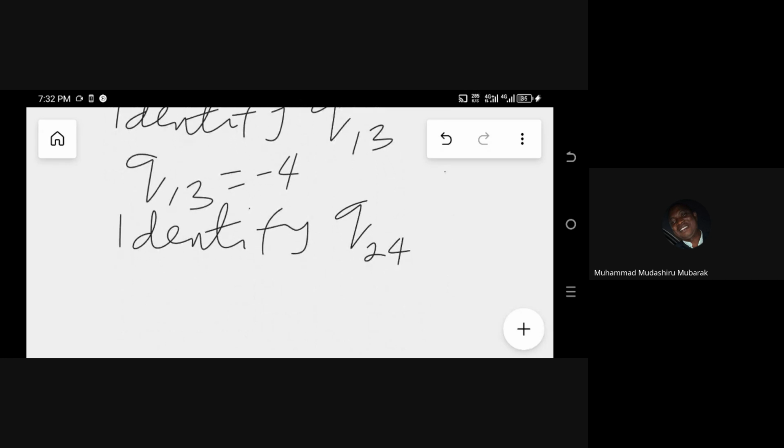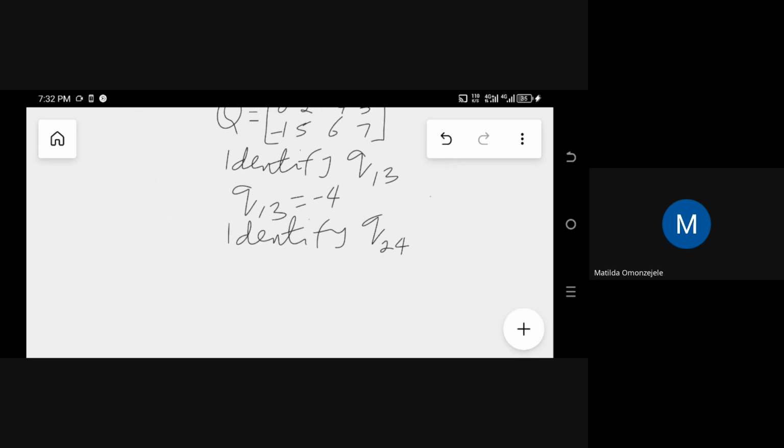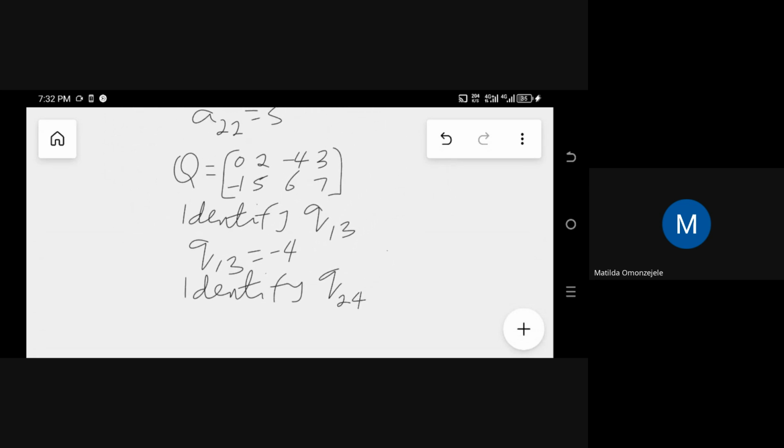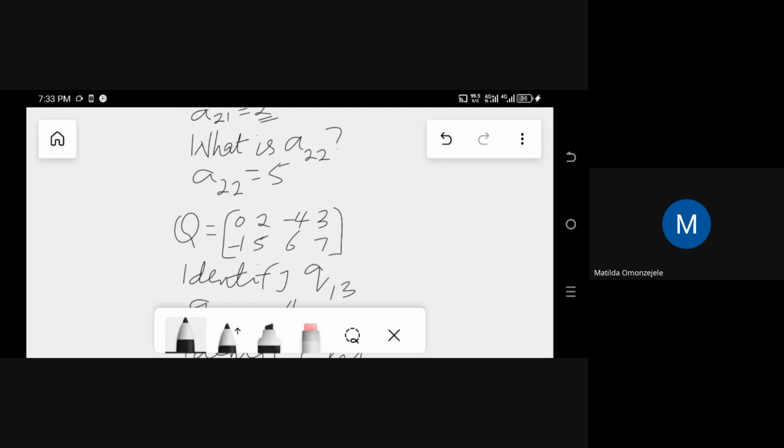Someone else, 7. What would be the value here? 7. Good, 7, because Q24, that's the element at row 2 and column 4. So if we follow this, we'll have row 2.